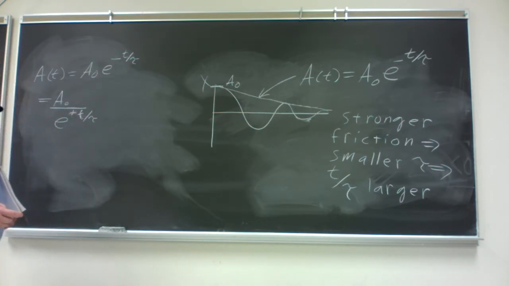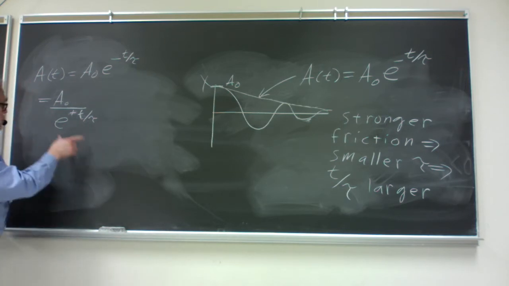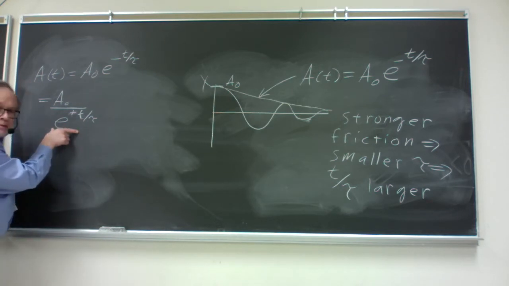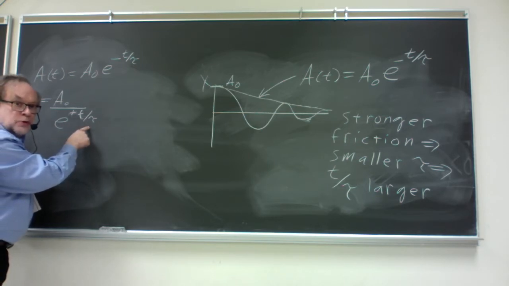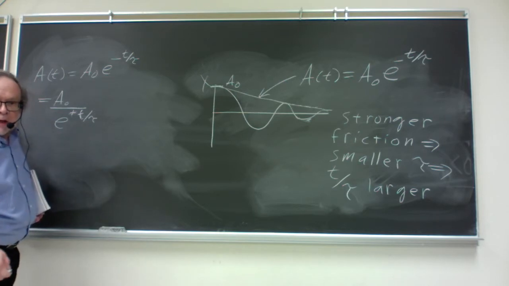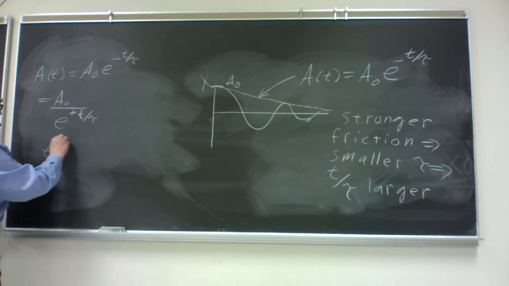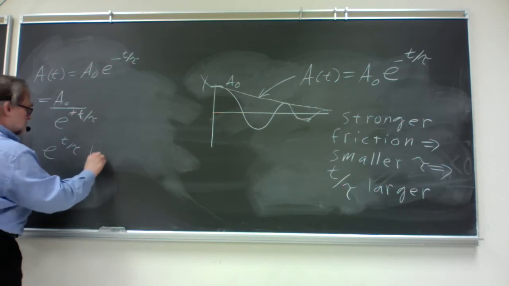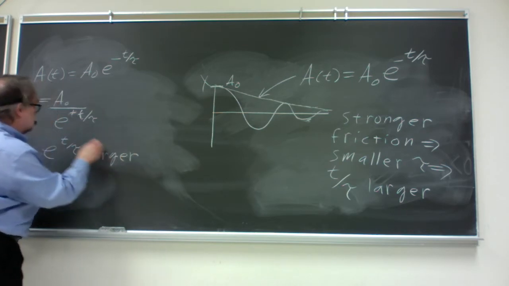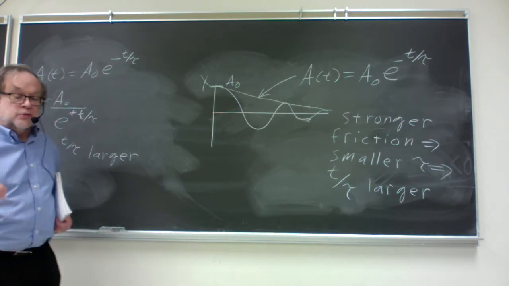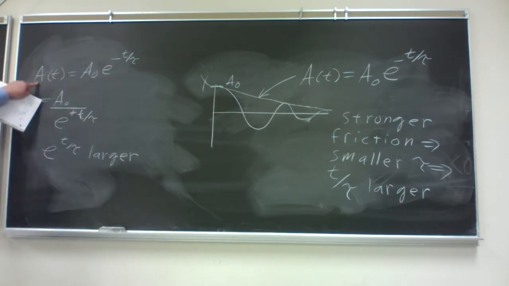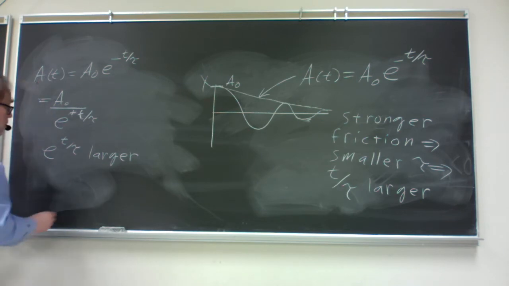So if t over tau is getting larger, then e to t over tau is getting larger. If e is any number to an exponent where the exponent is increasing, well, that number gets larger. Which means the denominator of this fraction is getting larger, so the fraction itself is getting smaller. That is, amplitude is getting smaller.